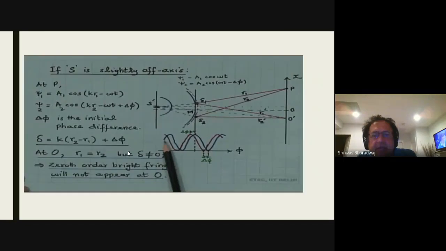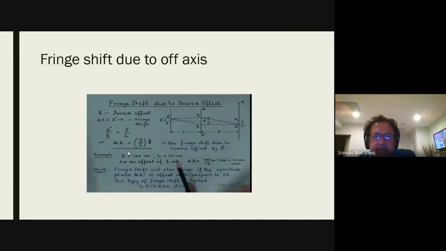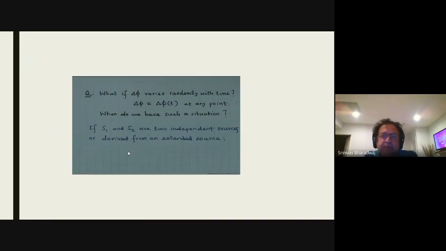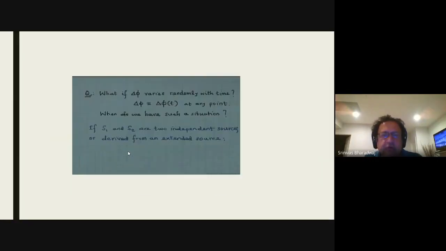If it is n plus half wavelengths, you will have a pure dark fringe, and in between will be small variations, right? So now if there is some variation in the delta phi, then things can change. So waves with a constant delta phi are called coherent waves.